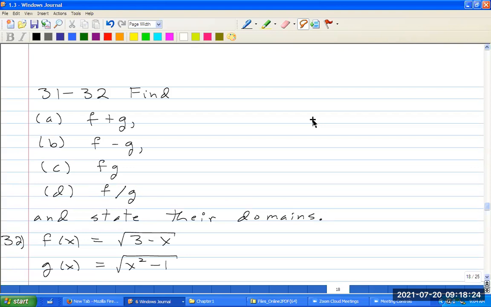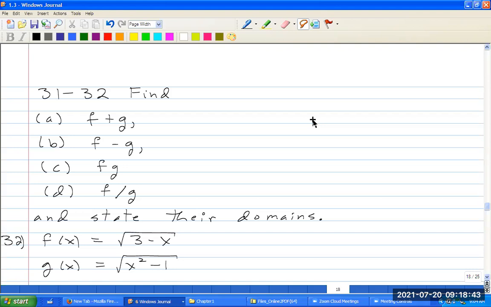In problems 31 through 32, find A, f plus g, B, f minus g, C, f times g, D, f divided by g. So this is another symbol for the division.